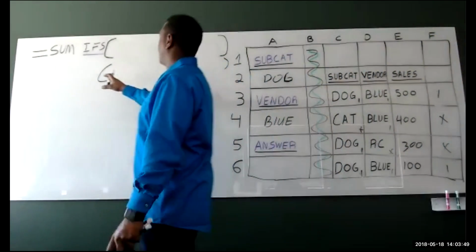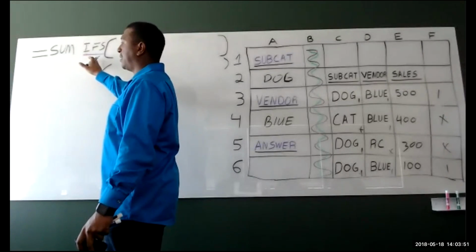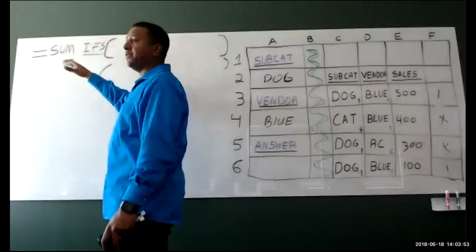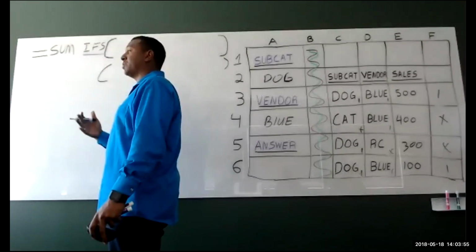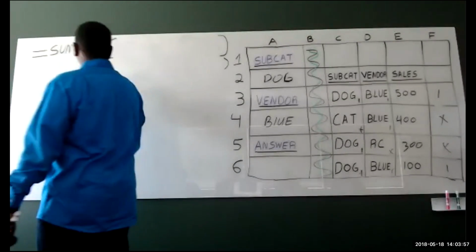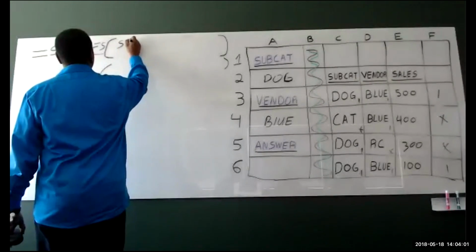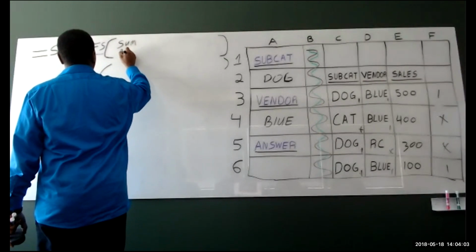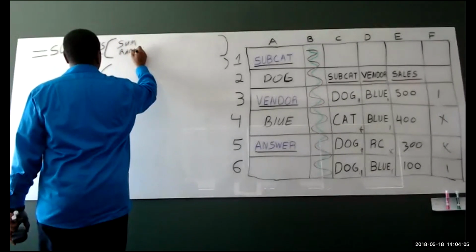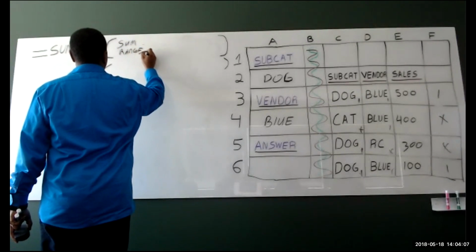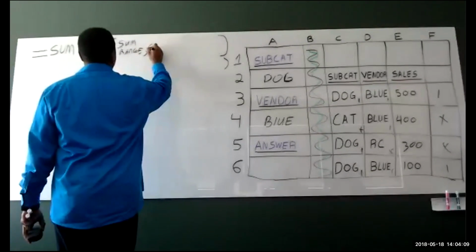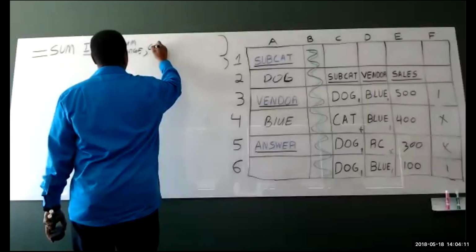The difference between a SUMIF and a SUMIFS is, Excel likes to be efficient, and it doesn't want you to forget things. So instead of asking for the sum range at the end, it's going to ask for the sum range first. Then it's going to ask for the criteria range.